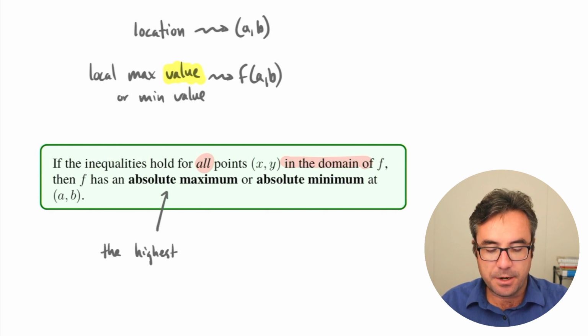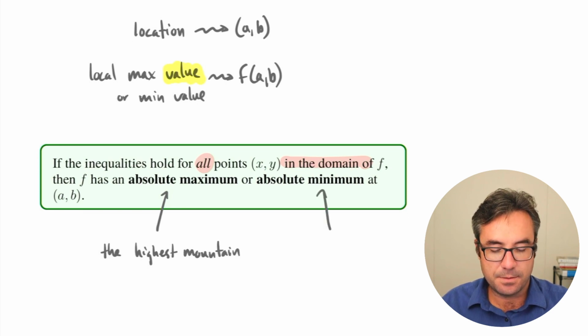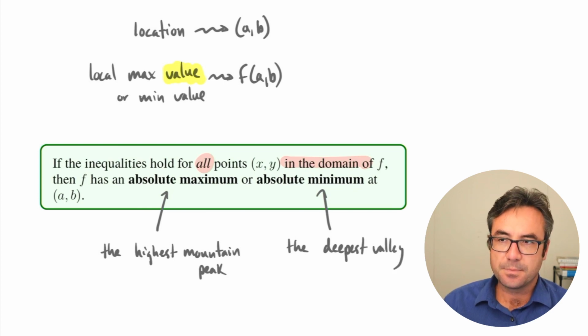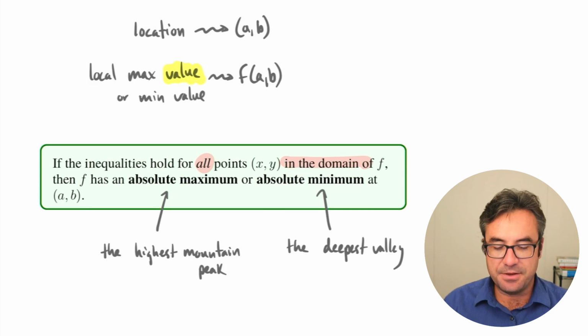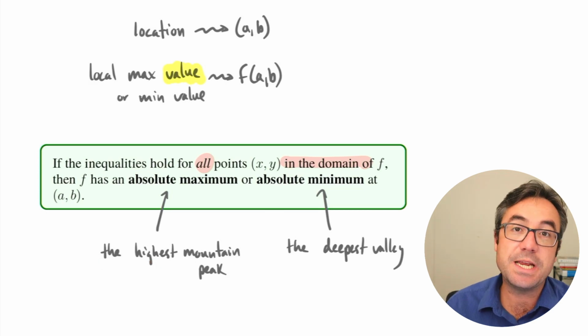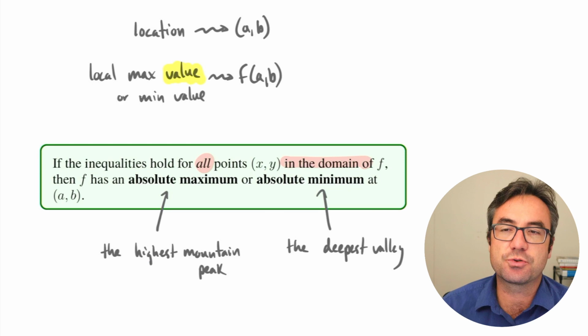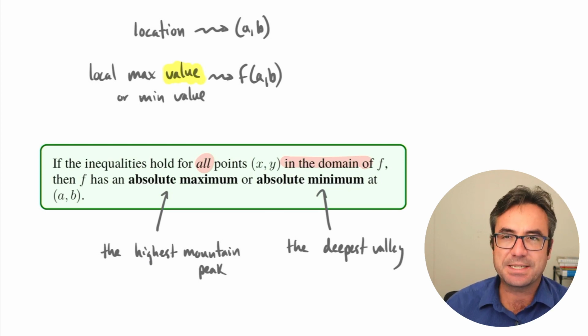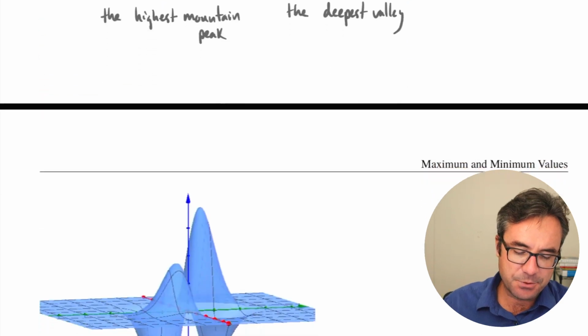Or if you're talking about an absolute min, it would be the lowest or the deepest valley on your surface. So it's the extreme high point or the extreme low point on your surface. So we call those the absolute max and the absolute min. It helps with a picture.